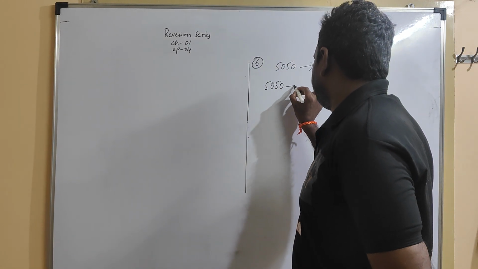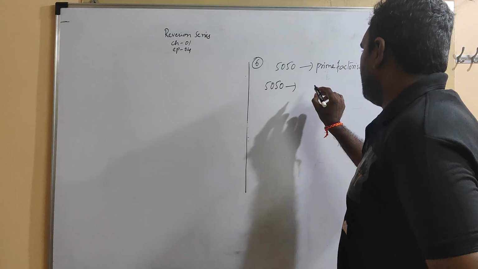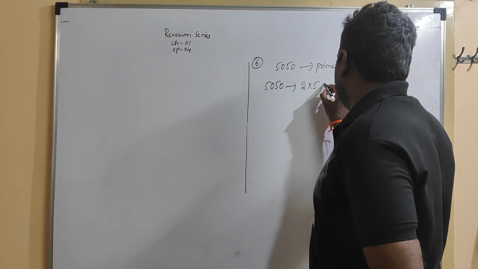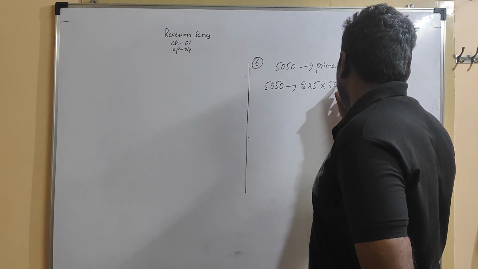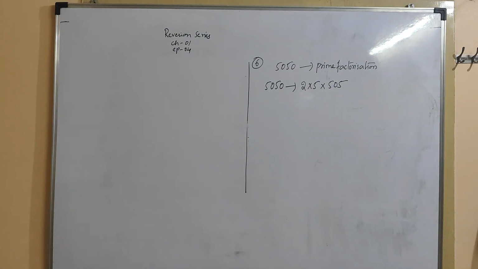Whenever 0 is there, first you eliminate that 0. Instead of 0 I am writing 2 into 5 into 505. 0 means 10 only, right? Instead of 10 I can write it as 2 into 5. Am I clear? 2 into 5 into 505.